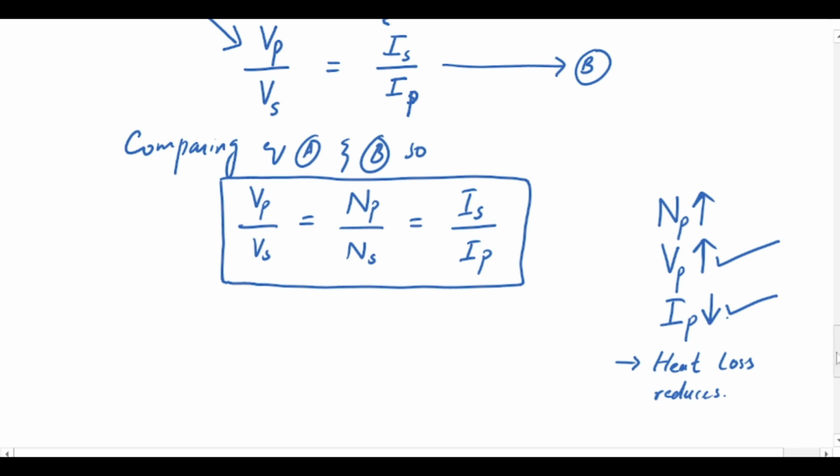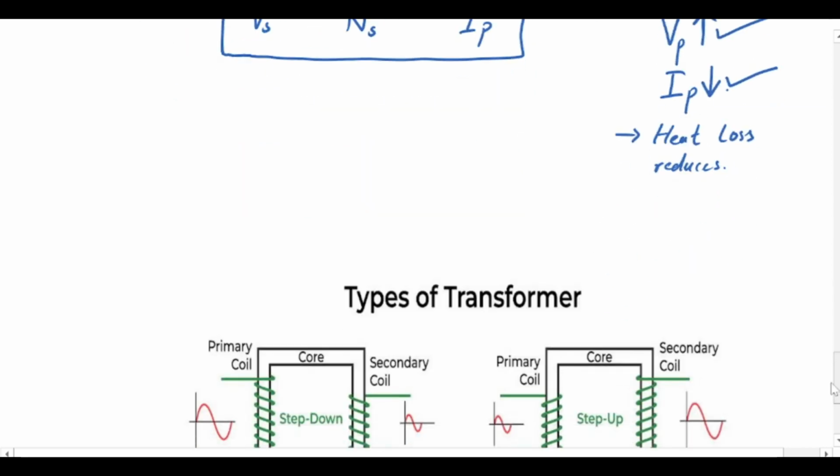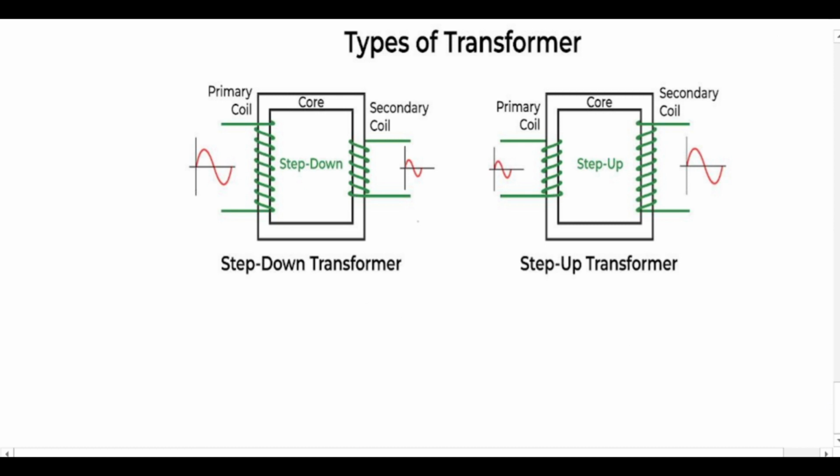No, sir. Okay. Next is types of transformer. There are basically two types of transformer. First one is step down and the second one is step up transformer. Step up is used to increase the voltage, while step down is used to decrease the voltage.